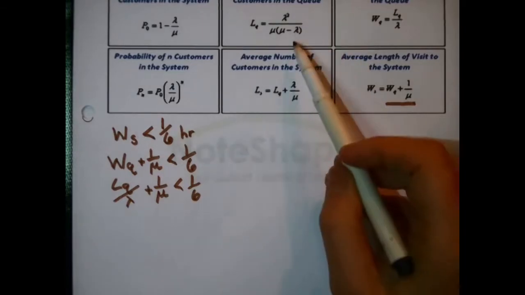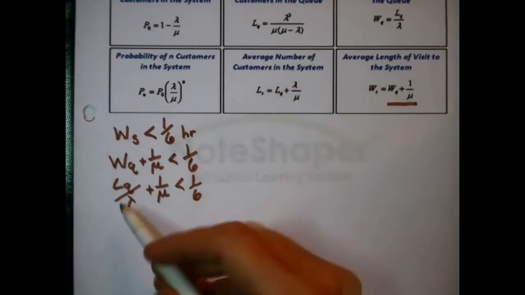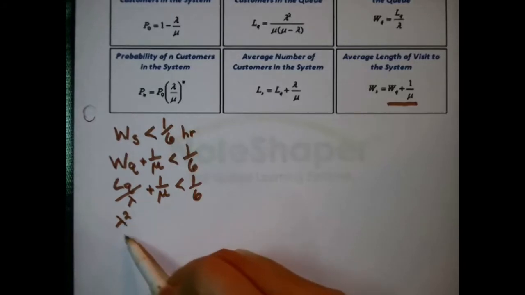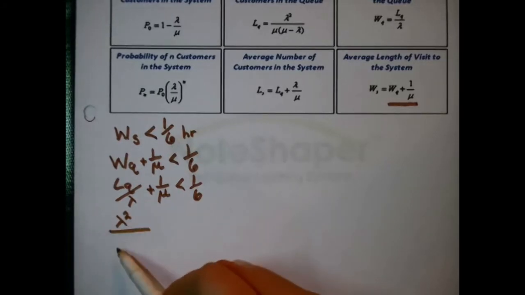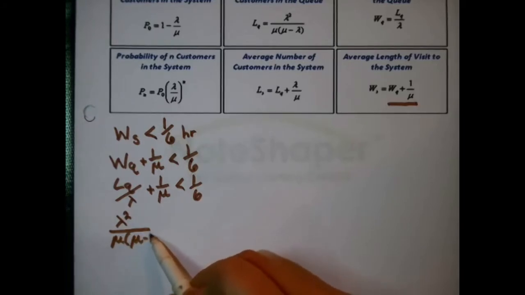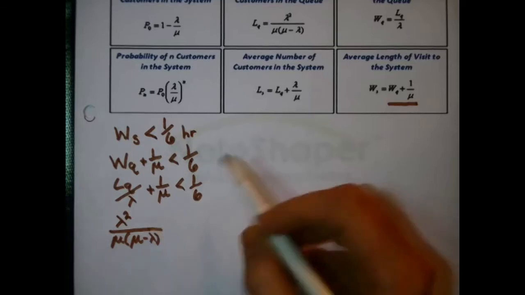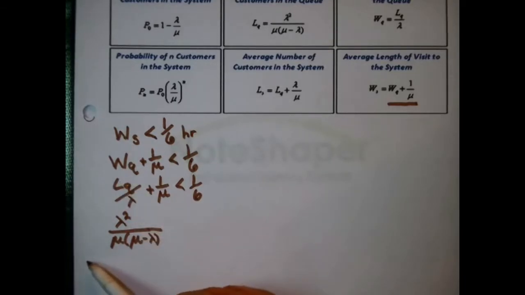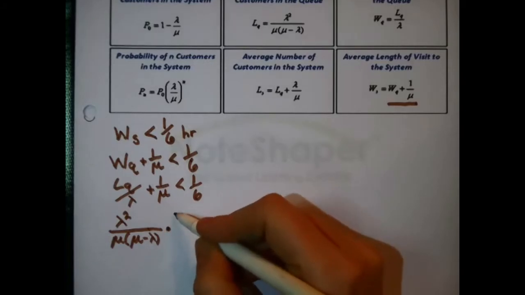I'm going to substitute it in. It is a rather complex formula by itself: lambda squared divided by mu minus lambda. To substitute it in, I need to then divide it by lambda, and I could write yet another line and say divided by lambda. That's going to get really messy and confusing. This is the same thing.